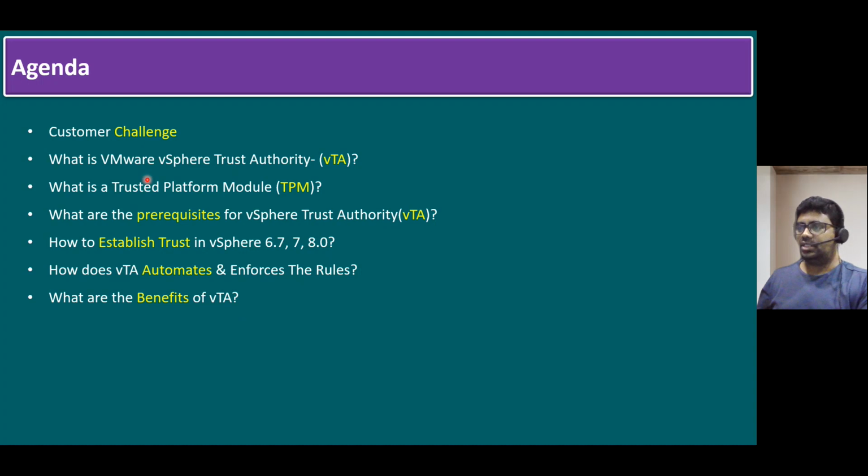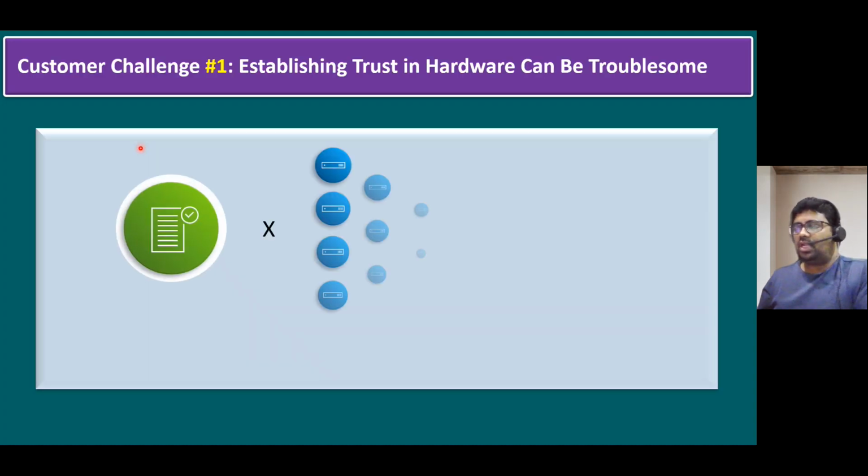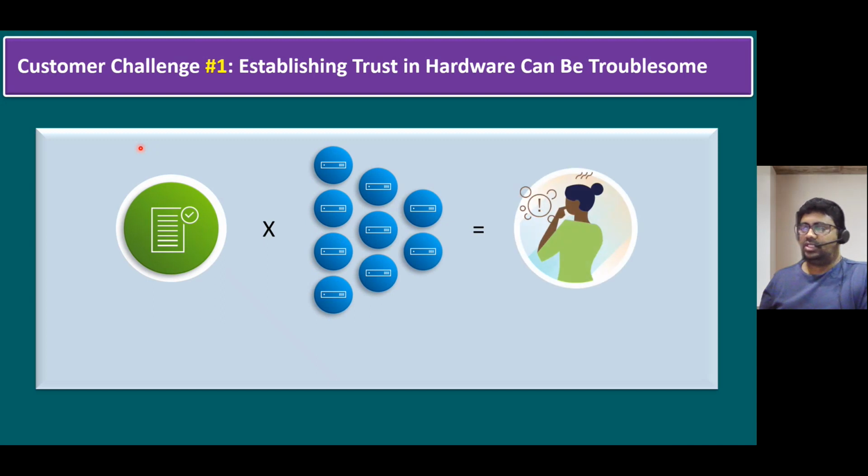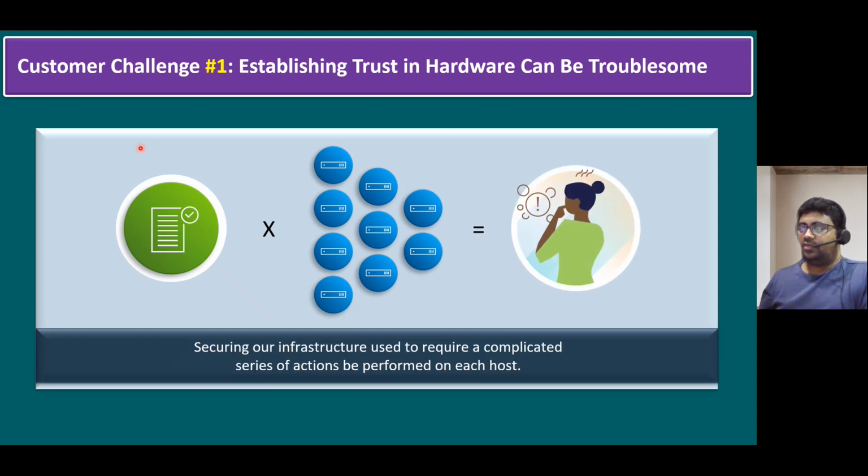Okay, so let's start with the first point, customer challenge. When we're having conversations with our usual customers who are using the vSphere environment, one common key challenge we commonly hear is that establishing trust in hardware can be troublesome. That means most organizations have annual security audits.